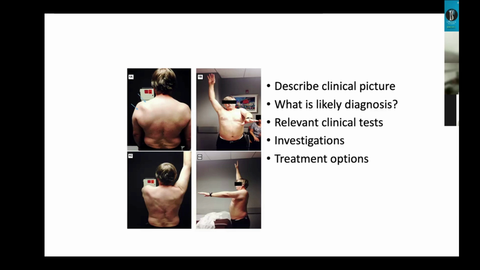I want to see what he can and can't do, where his arc of movement is actively, and whether I can overcome certain things passively or not. With the history I've got, my differential is already starting to lean towards either a rotator cuff tear or frozen shoulder. Depending on what my examination finds, I would go from there.